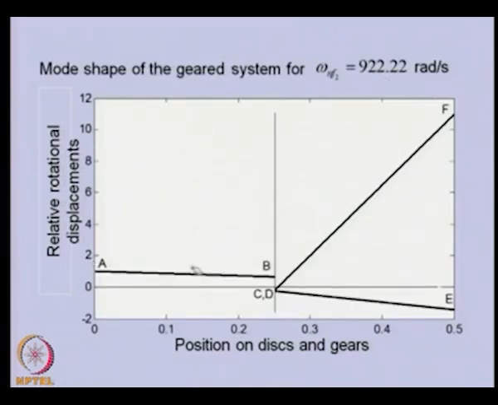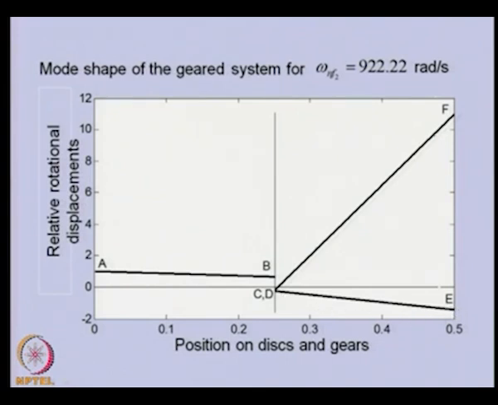Now they have relative twist at ends A and B. C and D will be 1 by 3 and 1 by 4 times of this particular height from here to here, because they are very close. So it looks like the same point, but they are not at the same point. Then E and F will have different displacements, so they can be connected.